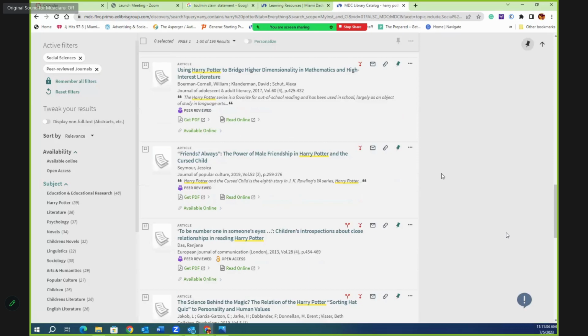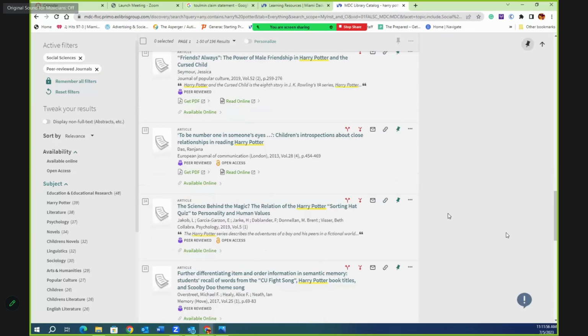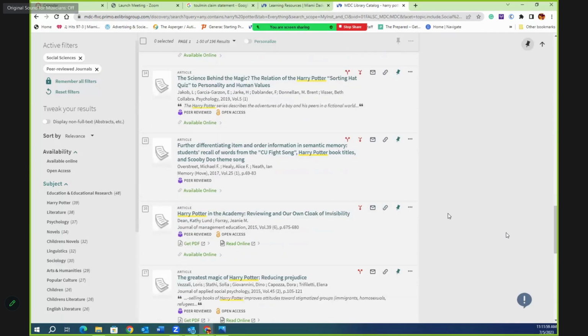They came to a conference that I also went to, and they presented on using Harry Potter in leadership, and they used mainly book 5 for that. They do a whole leadership course using the Harry Potter books with college students, so there is research on that as well.